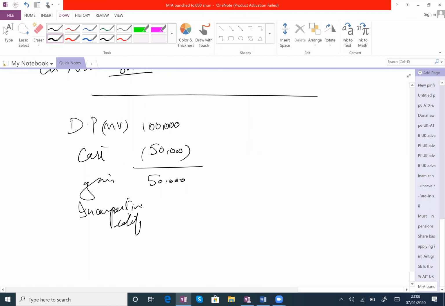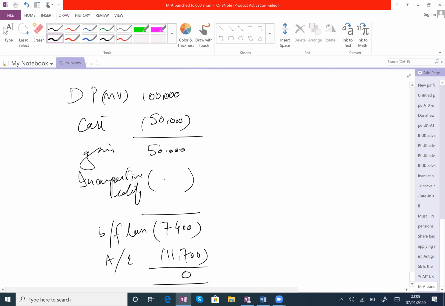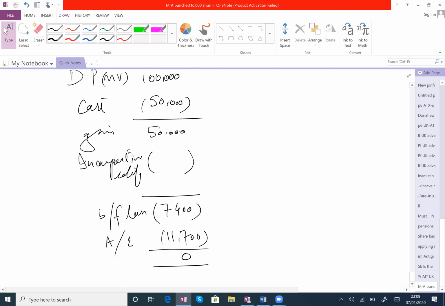Out of the 50,000 gain, how much can I defer through incorporation relief so that my brought forward loss of 7,400 and annual exemption of 11,700 will not be wasted? What will be the figure here? Please calculate the figure of incorporation relief. 30,900.